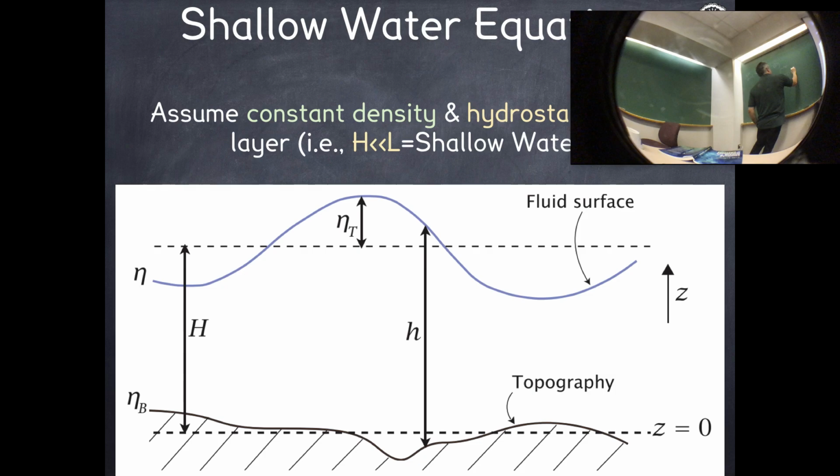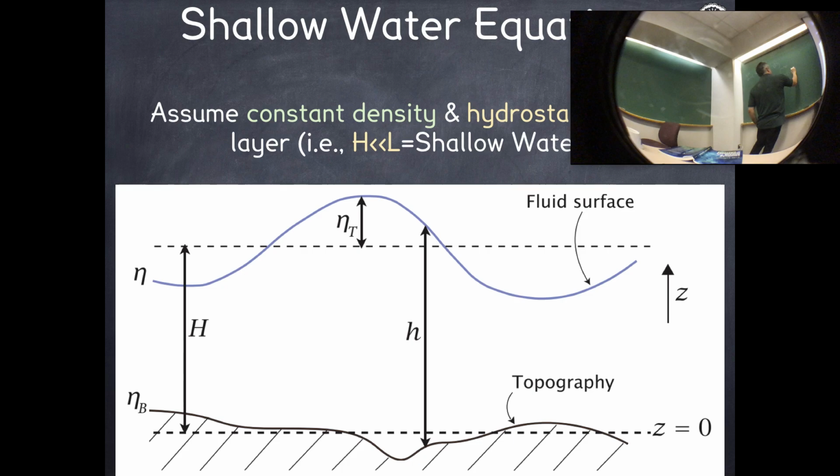So where's the top here? What's a convenient place to...? So we've got this surface elevation that's going up and down. There's maybe a bumpy bottom. There's an average thickness, big H. There's a local thickness, little h.